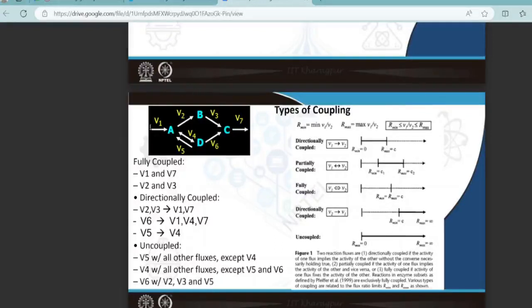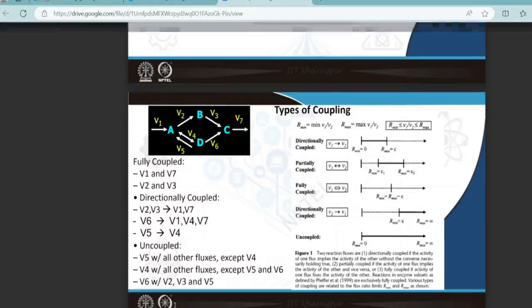So only if you know the reaction map, you will be able to get the origin of the fluxes. And you see that V3 and V6 are fluxes from B to C and D to C respectively. So they are not linked at this particular juncture, meaning that they are independent of each other, which is why it is given as uncoupled here.